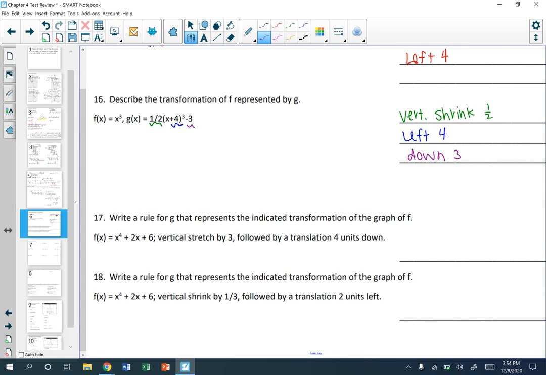Write a rule for g that represents the indicated transformation of f. First they tell us vertical stretch by 3. So we need to multiply the entire function by 3, and we get 3x to the 4th plus 6x plus 18.